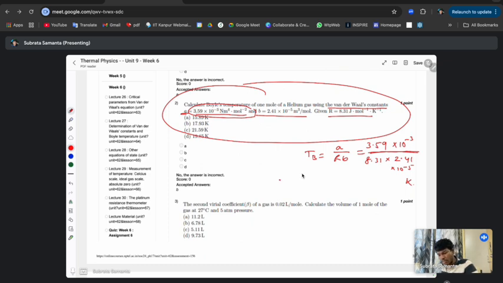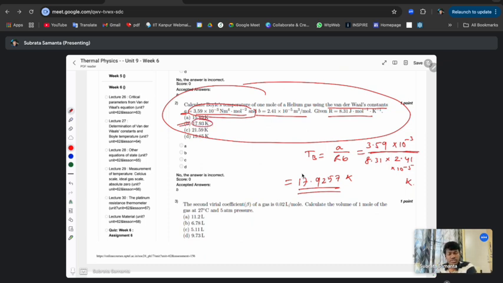So you just calculate this, and you get 17.9257 Kelvin. Now check the answers. The closest answer is 17.93, right?